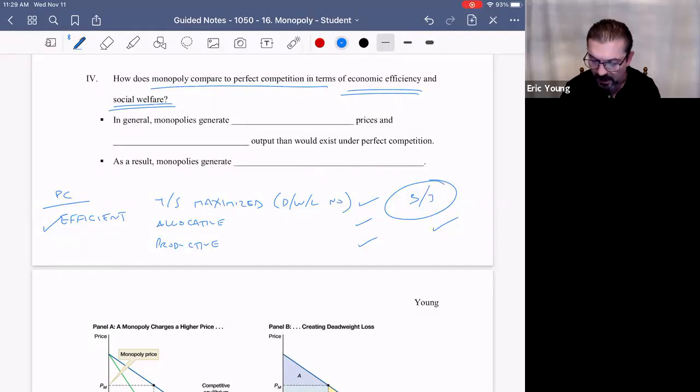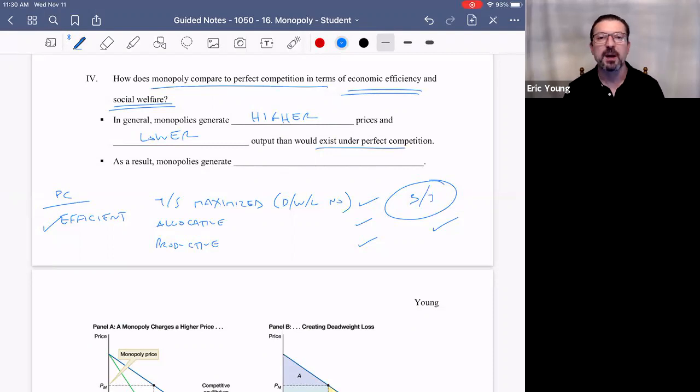Now, let's look at monopoly and see how they score. In the end, monopoly's score is not so good. In comparison to PC, it's not optimal. Let's dissect why. First big takeaway is this: in general, monopolies generate higher prices and lower output than would exist under perfect competition.